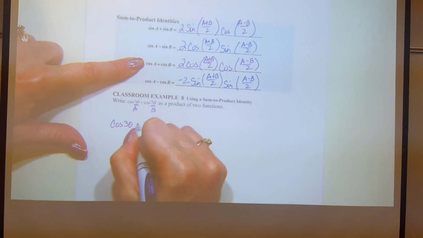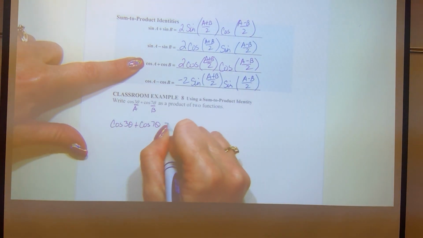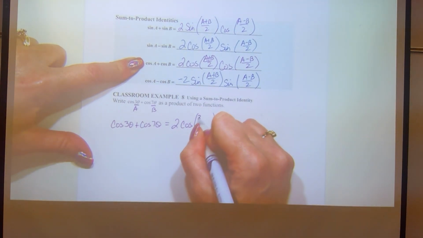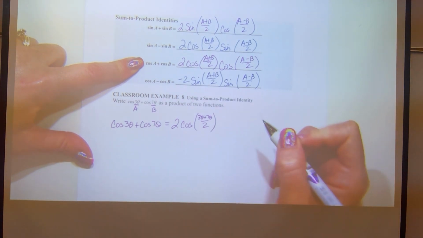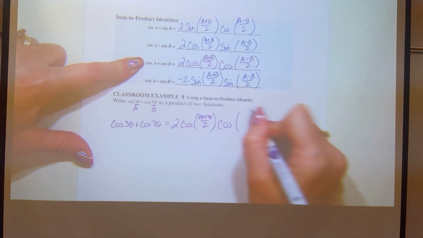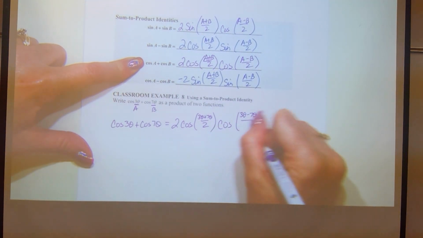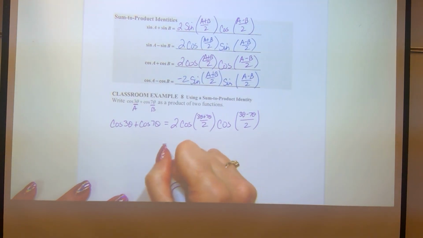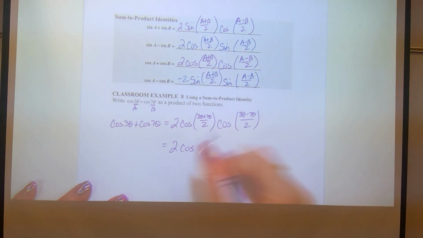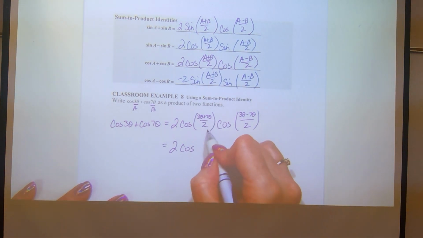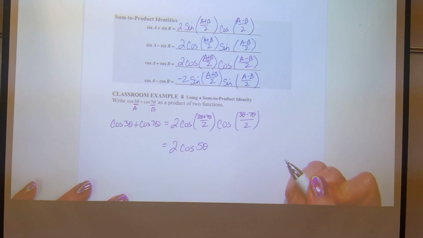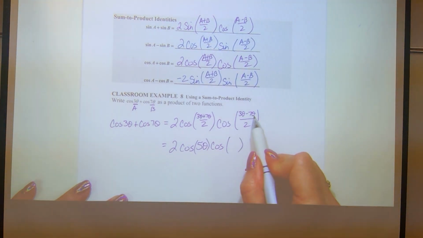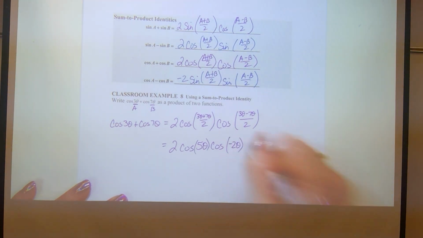So cosine of 3 theta plus cosine 7 theta is the same thing as 2 times the cosine of A plus B divided by 2 times the cosine of A minus B divided by 2. And then I'm going to simplify what I can. 2 times the cosine of 10 theta over 2, which is just 5 theta, times the cosine of -4 theta over 2, which is -2 theta.